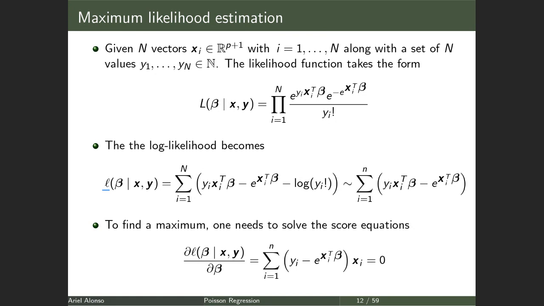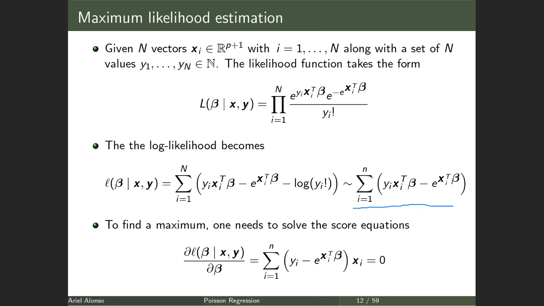Because logarithms have a nice property: they transform a product into a sum, and it's a lot easier to work with a sum than with a product. So here you have the expression for the log likelihood when you use the logarithmic link in the Poisson model. Essentially, this is just proportional to this, because this term over here doesn't depend on beta, so you can forget about it if you want to maximize the log likelihood as a function of beta. So you can just work with this part over here.